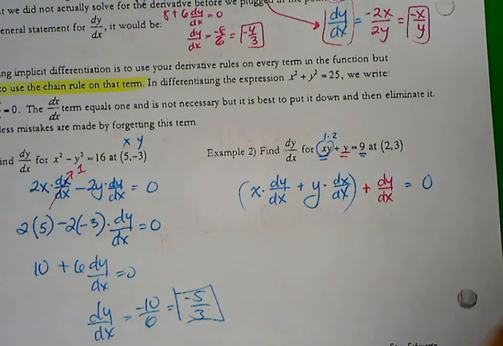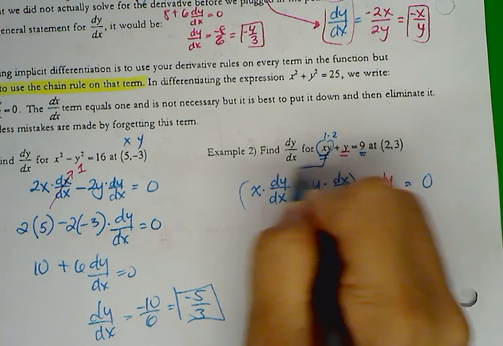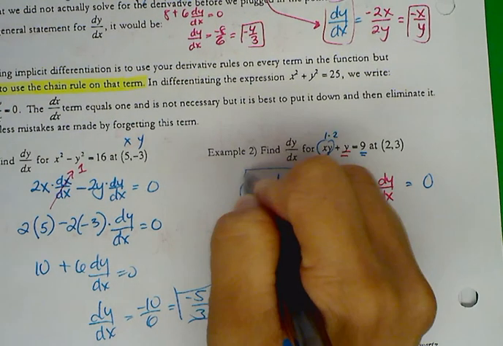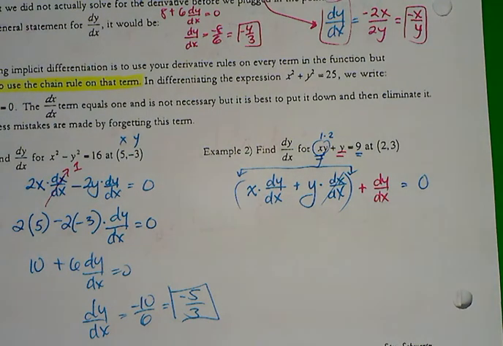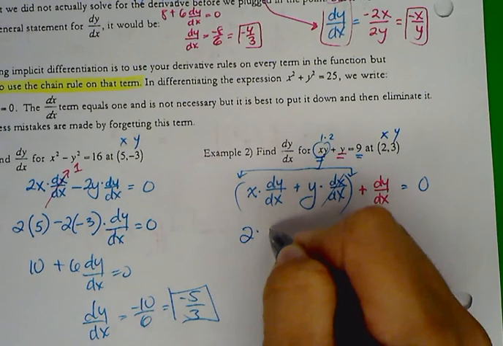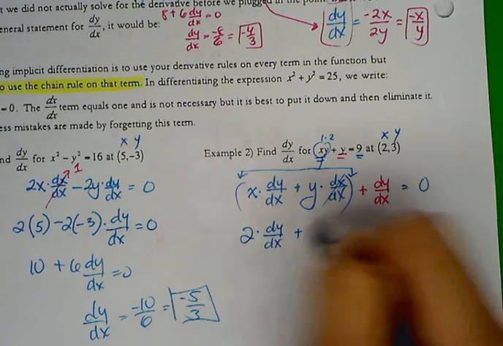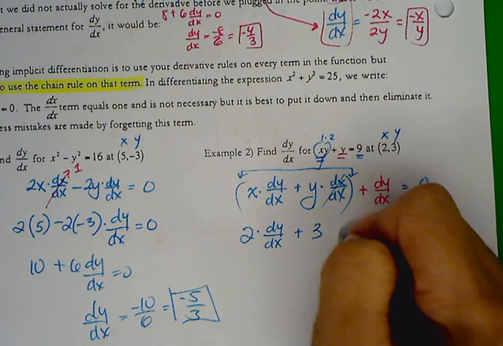So that first part is just the xy. Okay. Alright, so dx/dx just cancels because it's 1. So let's plug in now. What's x? 2. Times dy/dx plus y, which is 3. Plus dy/dx equals 0.